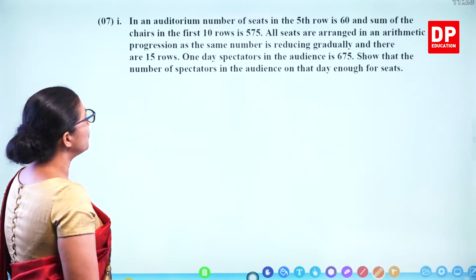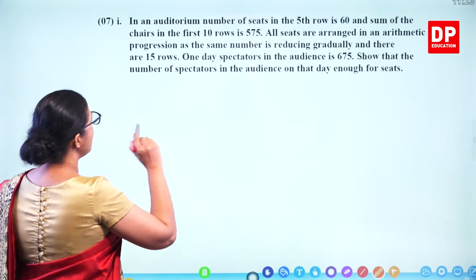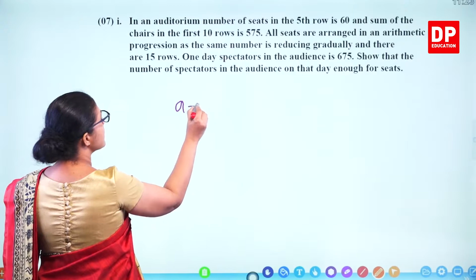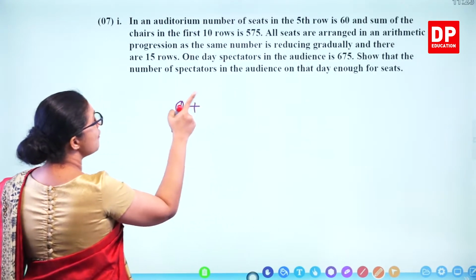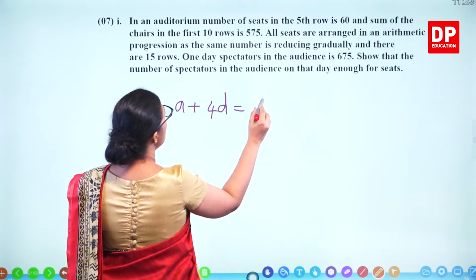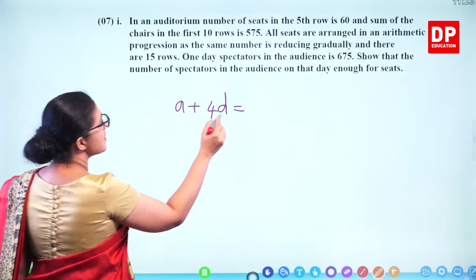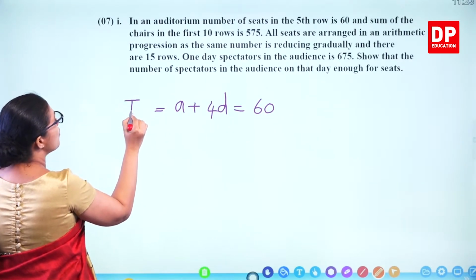The fifth row, n is 5. 60 seats are there. So a plus 5 minus 1, 4d, is equal to how many chairs? 60. So that's fifth row, T5.